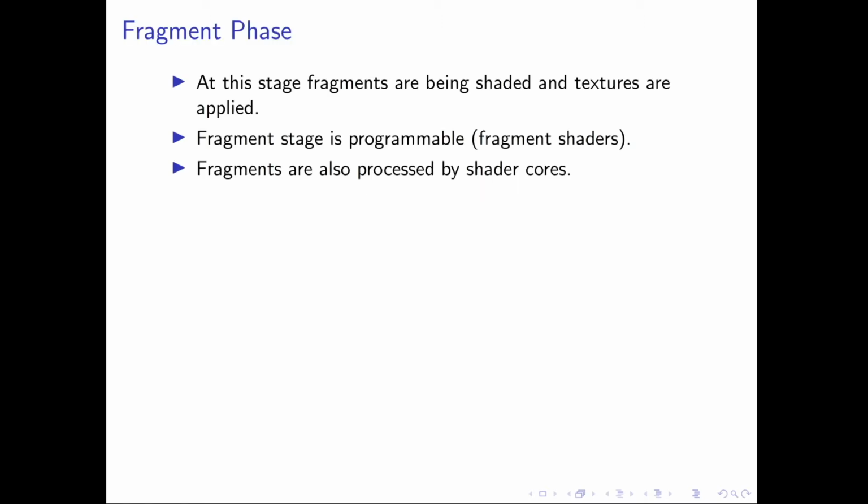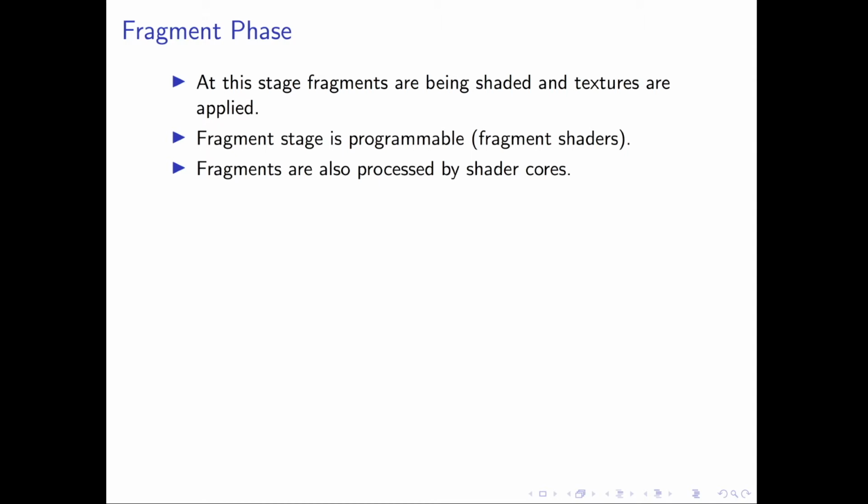The fragment stage we can discuss very briefly, because most of what we said about it has already been said when we discussed the vertex stage and the rasterization stage. Right? Because at this stage, we have those operations that are concerned with shading and with texturing.